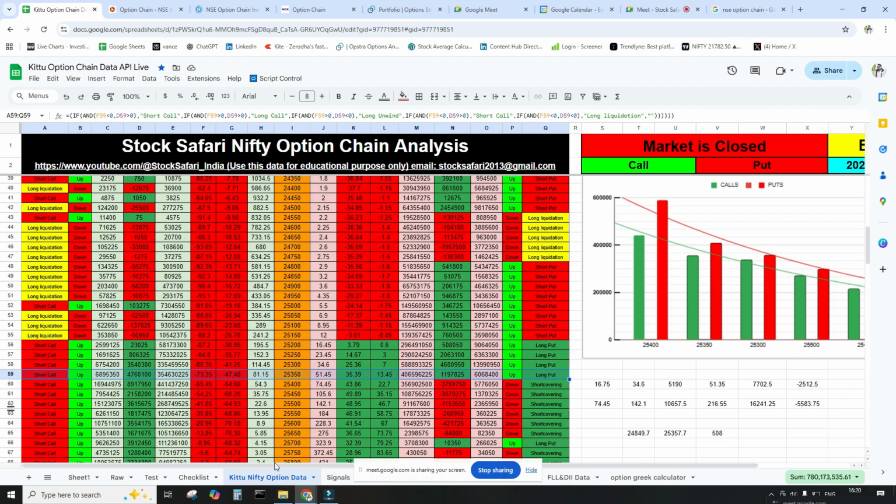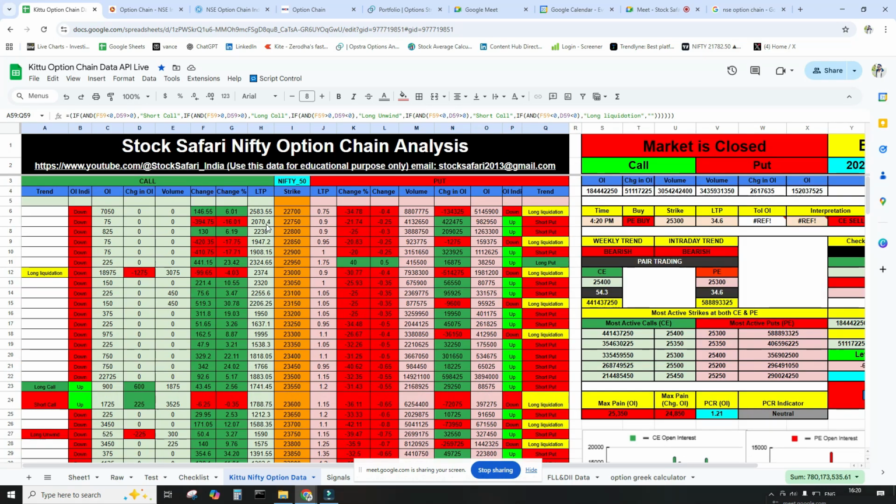On the left side you can see what is happening in the market. Most of the time when you are referring to option chain analysis, you need to refer to volumes, open interest, and the prices. There are a few fundamentals we need to understand to take a direction of the Nifty.